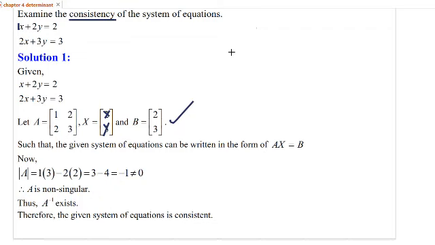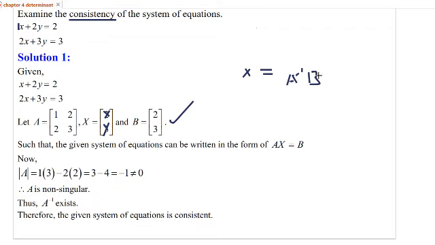A inverse into A will be I, the identity matrix, and identity matrix into X will be equal to X. And at the RHS, we'll get A inverse into B. So to find X, that is the values of x and y, we need to multiply A inverse with B.